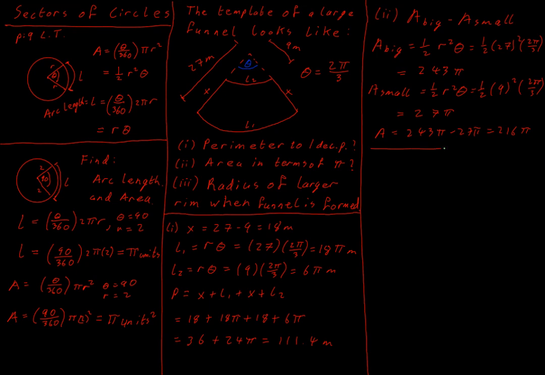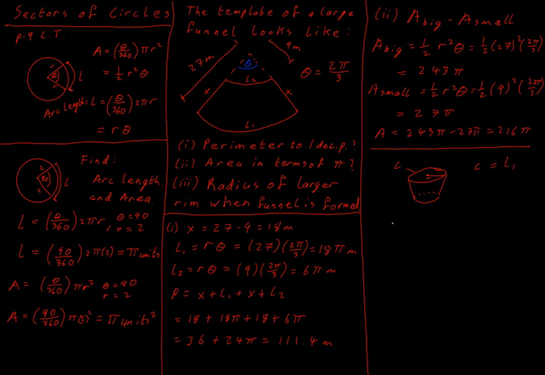Now the final part, we're looking for the radius when we form the cone. Well, if we wrap x over to x, we would end up with a funnel shape as this, and we're asked for the radius of this larger rim, this upper rim here. Well, that means that the circumference C of our larger rim is going to be the same as L1.